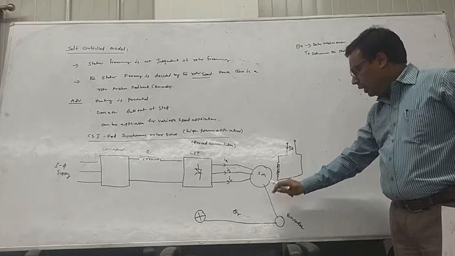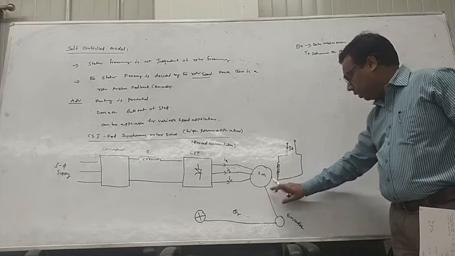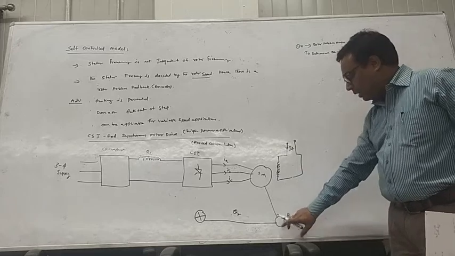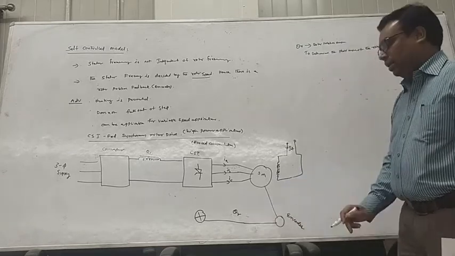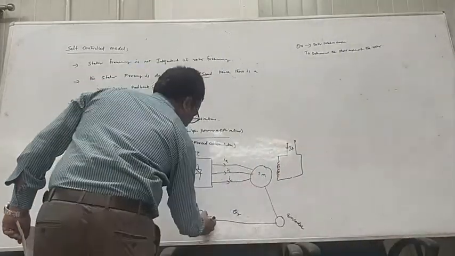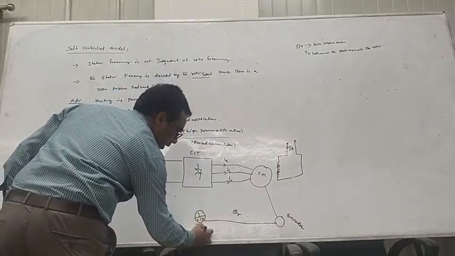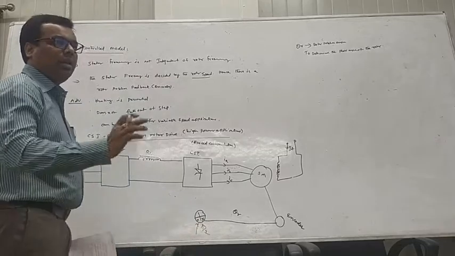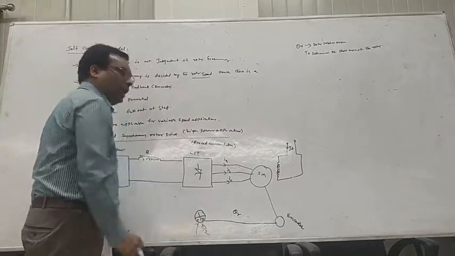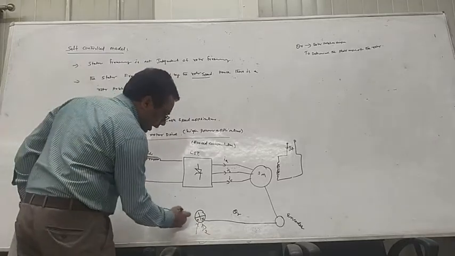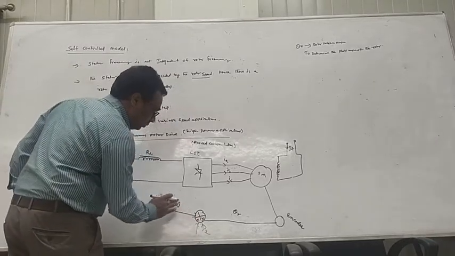From the synchronous motor rotor we get the speed encoder, and this gives us theta r. This theta r comes here, and I am adding an angle pi by 2, and another angle gamma.